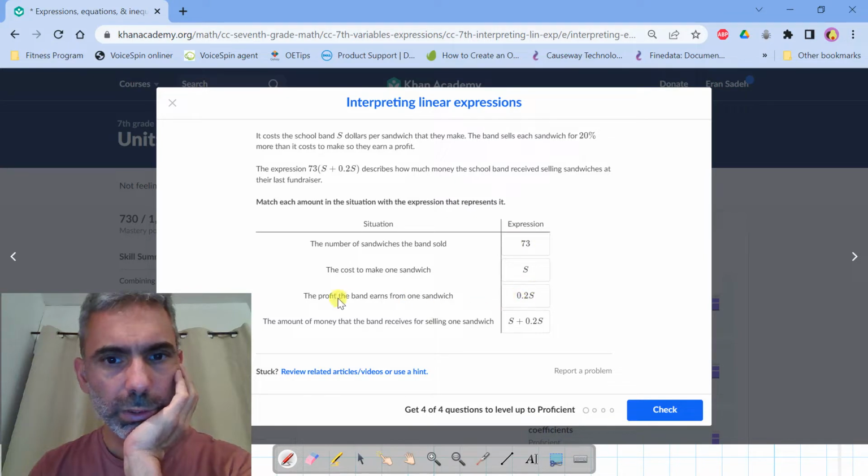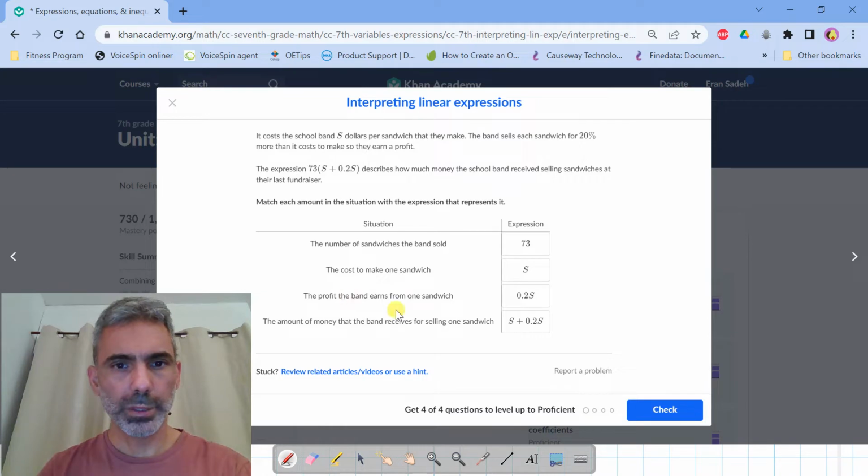Yeah, so this is the right description for 0.2 times S. That's 20% of the cost, which is the profit per sandwich.